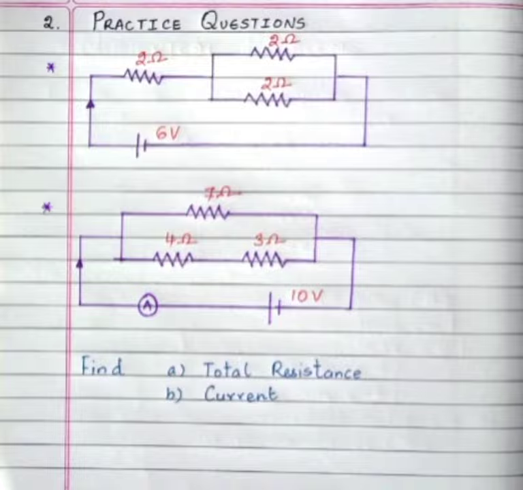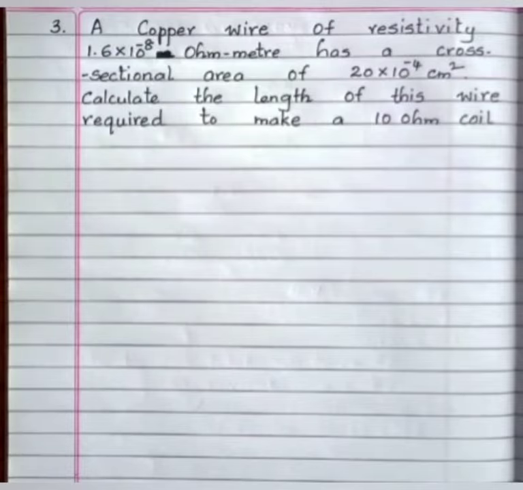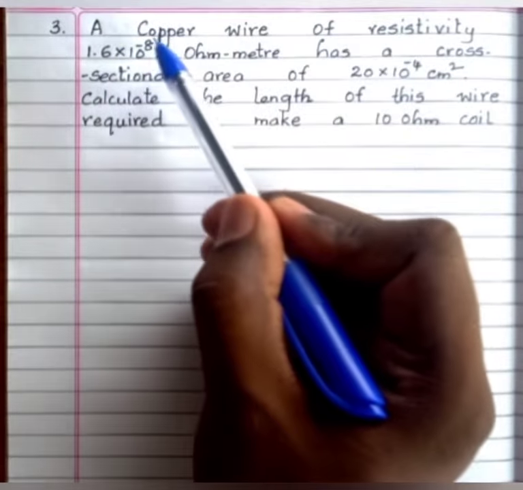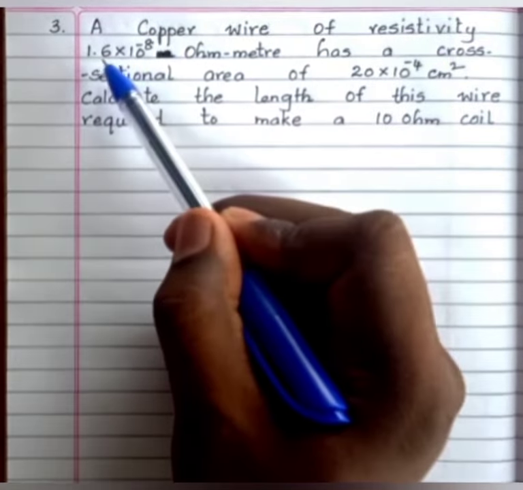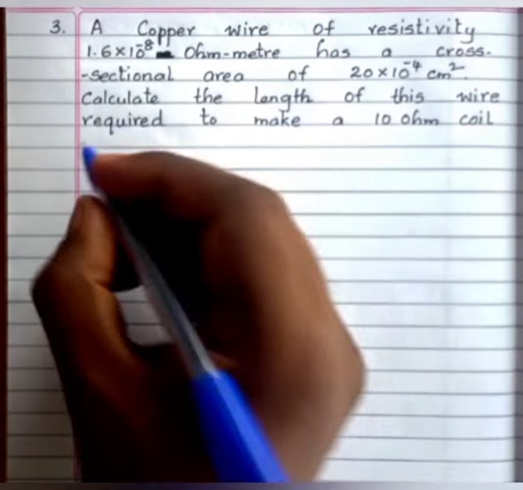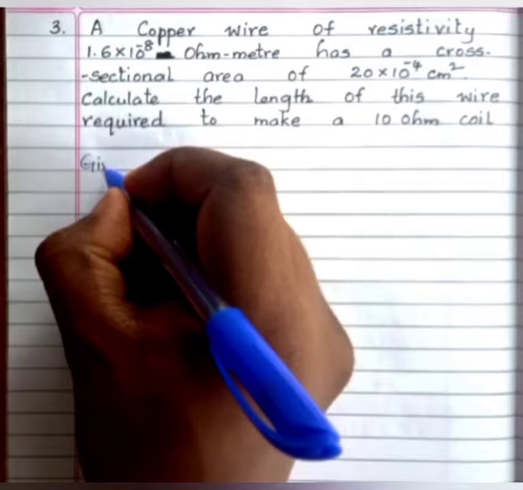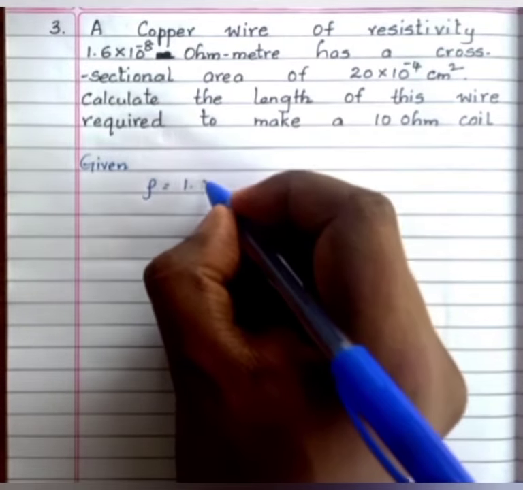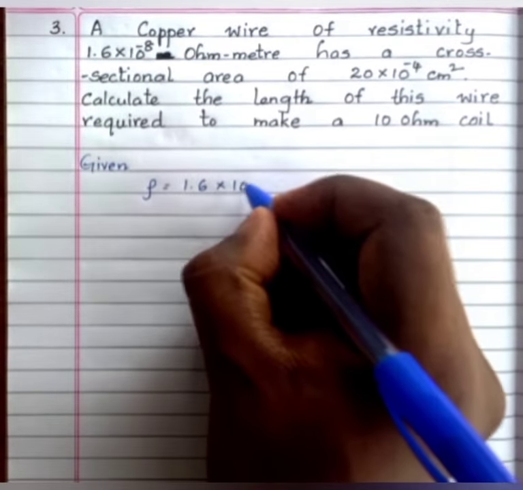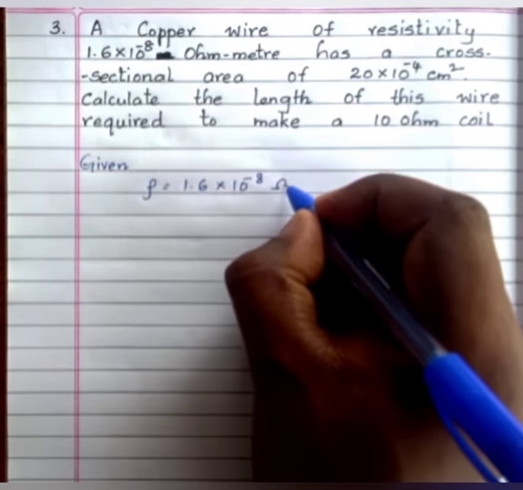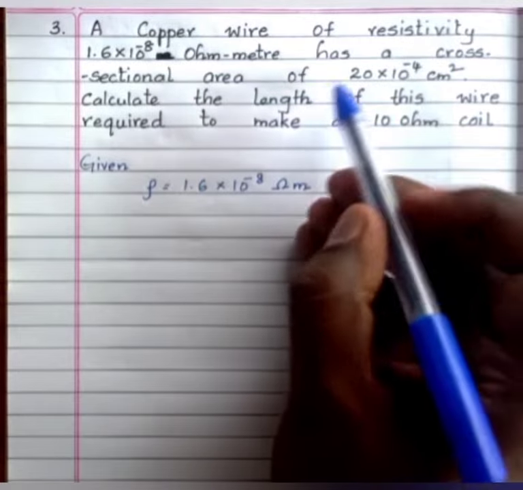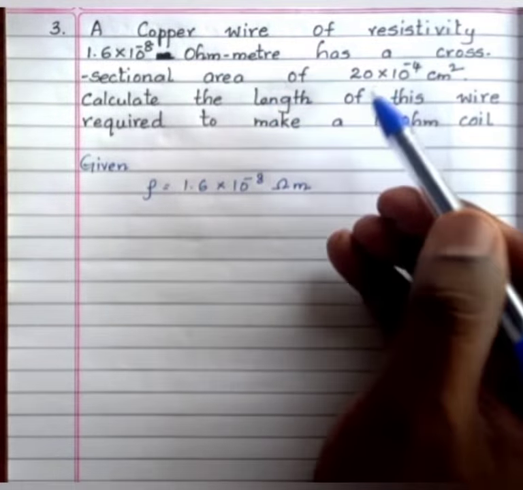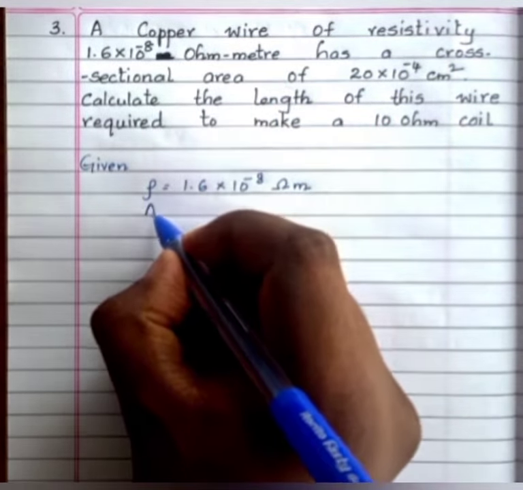Students, it is very important to calculate the total resistance by checking the resistors in series as well as in parallel. Next question: a copper wire of resistivity 1.6 into 10 power minus 8 ohm meter, that is, resistivity rho equals 1.6 into 10 power minus 8 ohm meter, has a cross section area of 20 into 10 power minus 4 square centimeter.